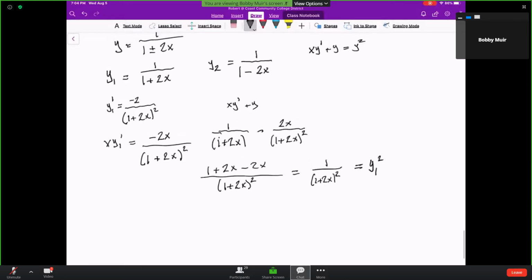So for y2 prime, it's equal to the derivative of the top times the bottom minus the derivative of the bottom times the top, all over the bottom squared.